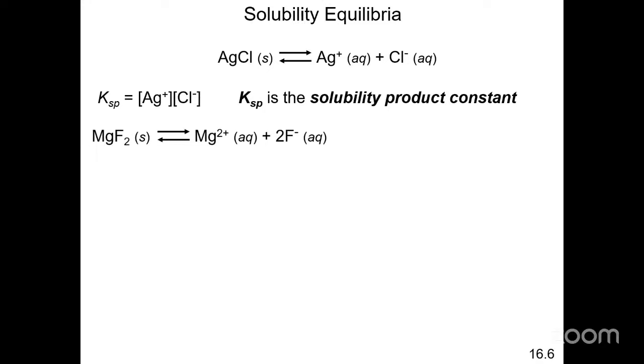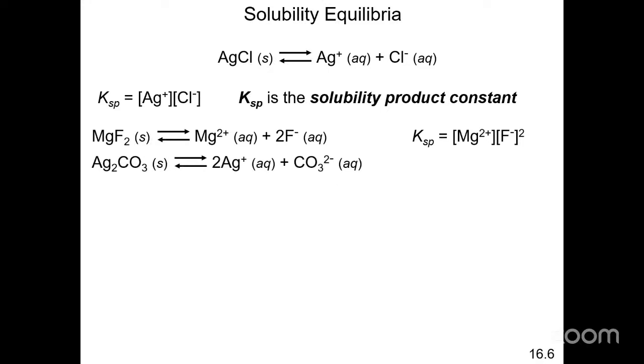Here's another example: magnesium fluoride undergoes the dissociation described in this equation, and the Ksp expression is the concentration of magnesium times the concentration of the fluoride ion squared. Here's another example, silver carbonate, which dissociates as shown, with the Ksp expression right next to it.